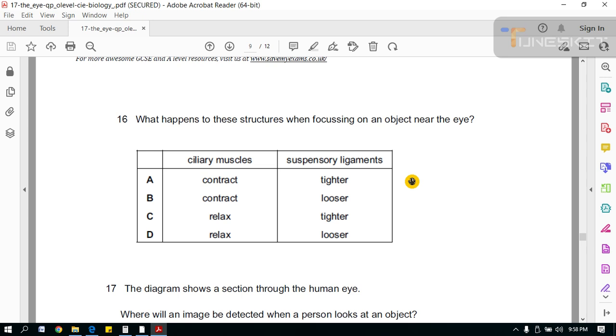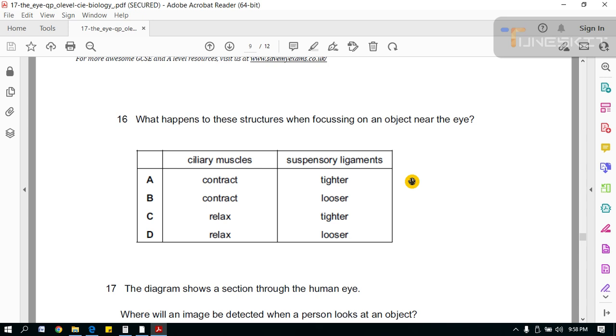Okay, what happens to these structures when focusing on an object near the eye? When something is very near to you and you want to focus on that, what happens to the ciliary muscles?